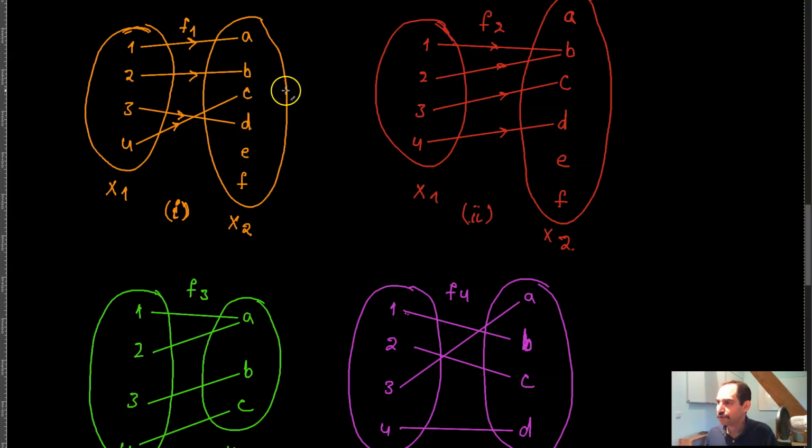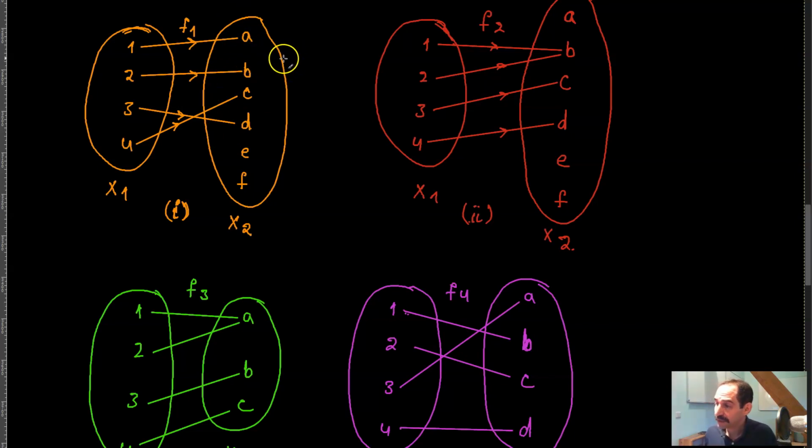But the image of two distinct elements 1 and 2 of x1 under f2 is the same. In this case, the image of 1 is B, the image of 2 is also B. But the images of all of these elements under f1 are distinct: A, B, C, and D, 4 different distinct images.